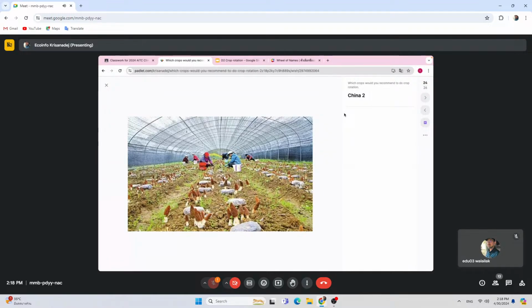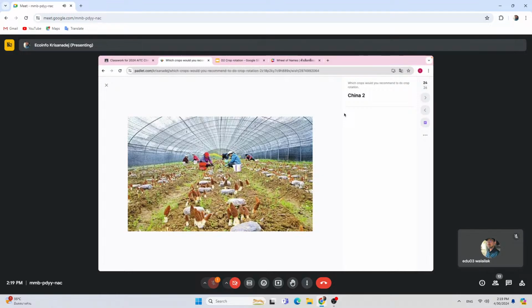What vegetable? Cabbage, lettuce, spring lettuce, leaf lettuce, and cauliflower, the flower vegetable.